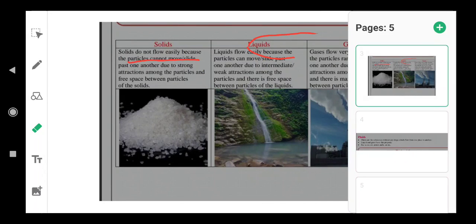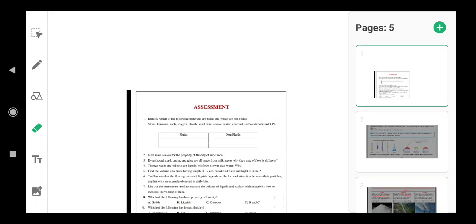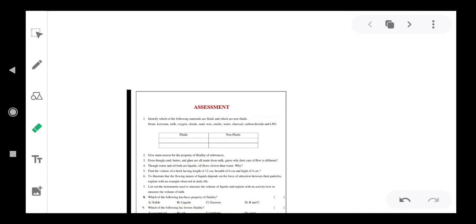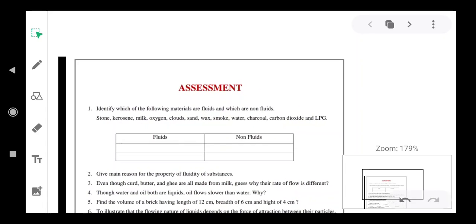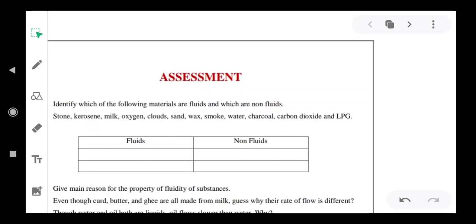So from this we have to answer this first question. You have to identify which is solid, which is gas and which is liquid. First of all, there is stone. Stone is a solid thing, so it can't flow.